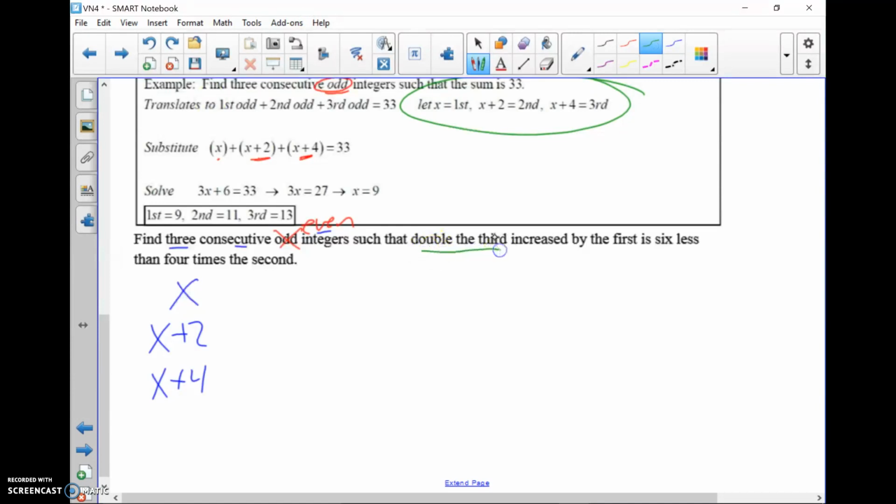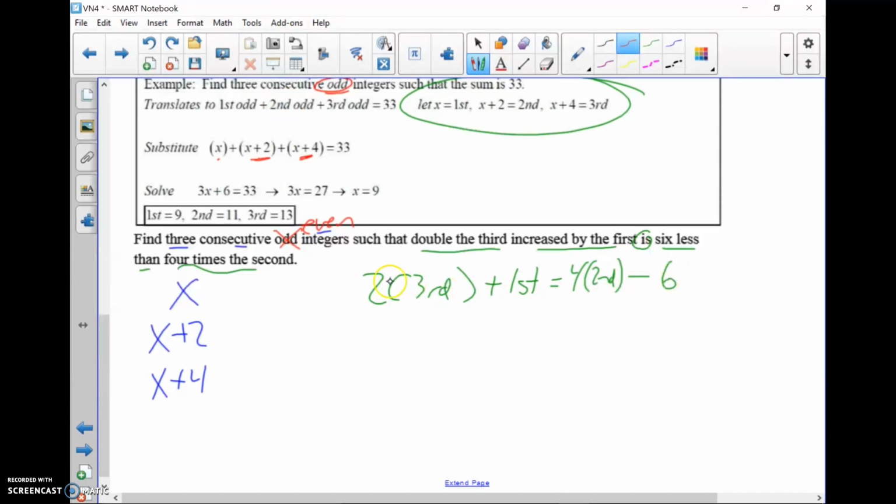Double the third, so that's 2 times the third, increased by the first, so plus the first, is 6 less than, remember 6 less than means minus 6, not 6 minus, 4 times the second.